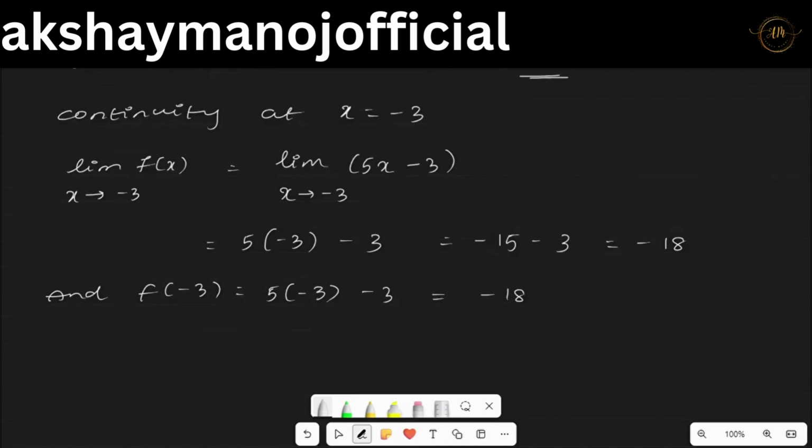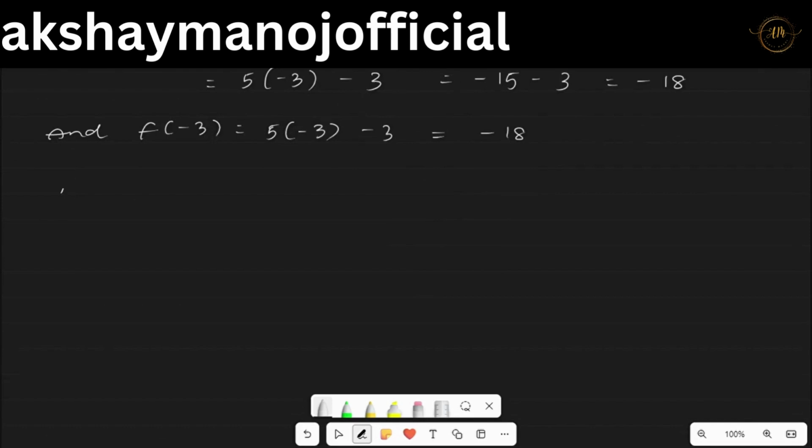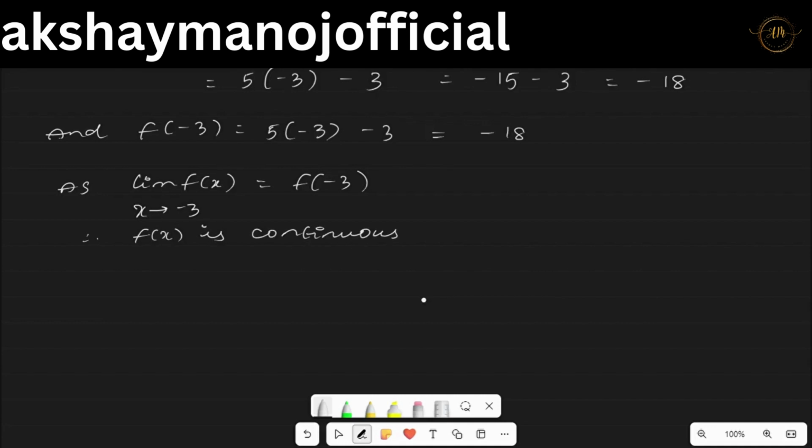As limit of f of x as x tends to minus 3 is equal to f of minus 3, therefore, f of x is continuous at x equals minus 3.